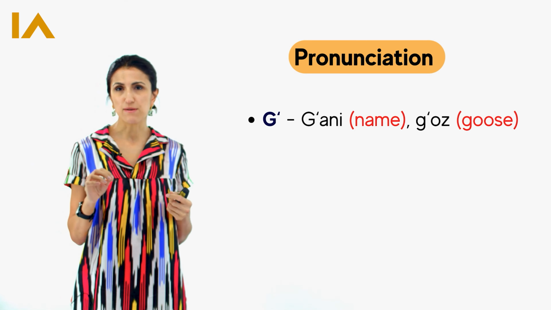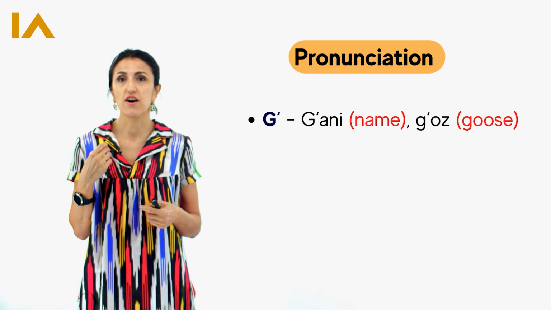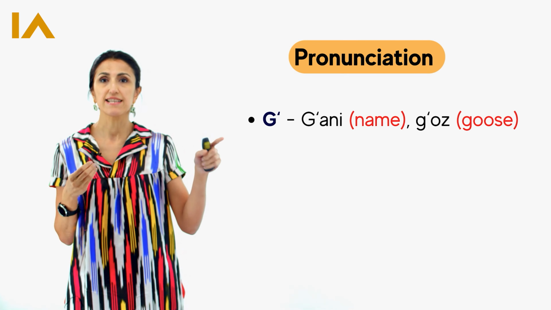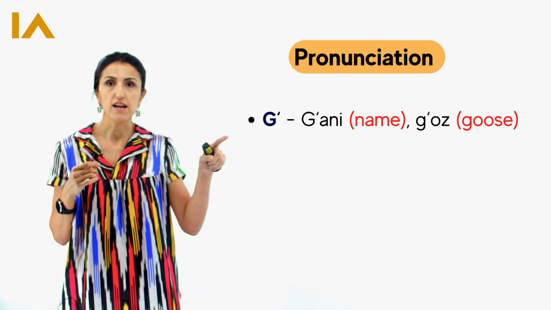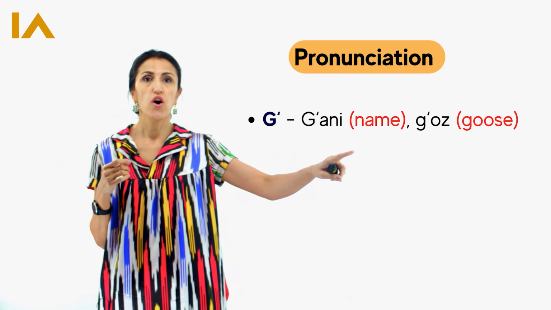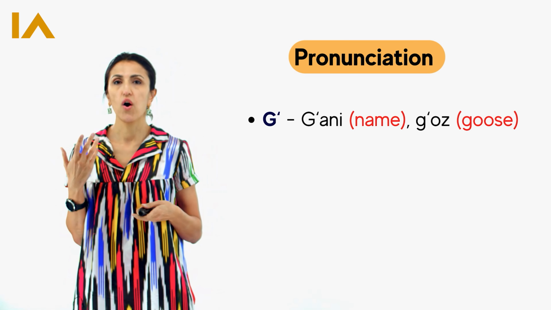In our first lesson, when we learn how to say how's your health, the word health, sağlık, sağlık, was also, the r sound was in the middle. And here, this is Rane is a male name, Rane. Roos is goose. Rane, Roos.